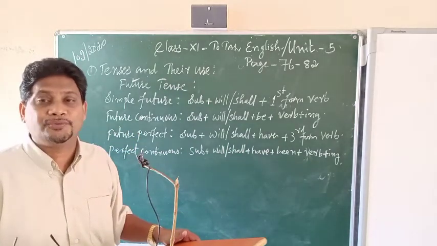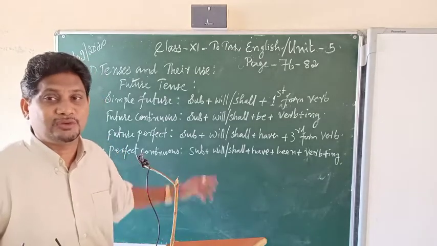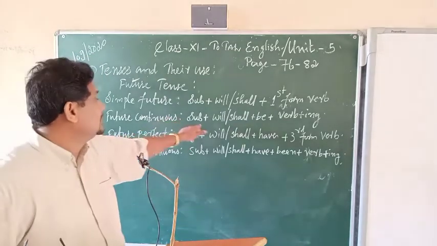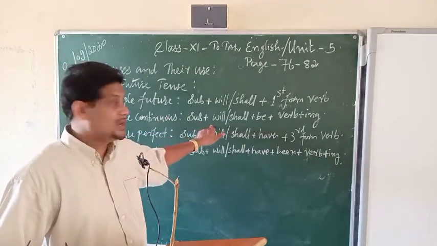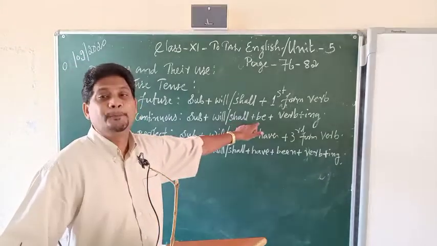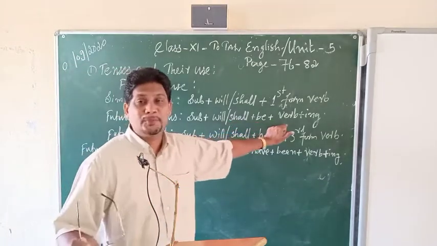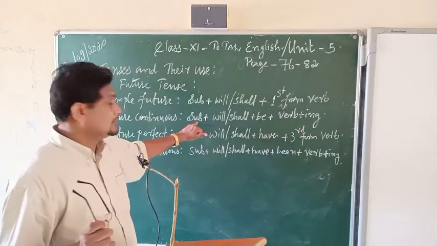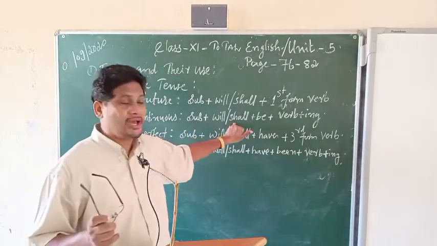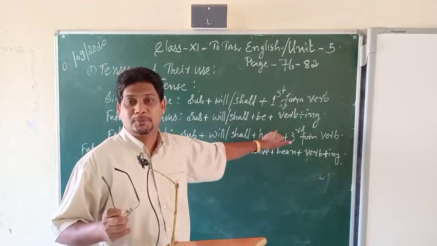Then the second one is future continuous. What is the formula for this future continuous? Please look at the board here. Subject plus will or shall plus be plus verb plus ing.